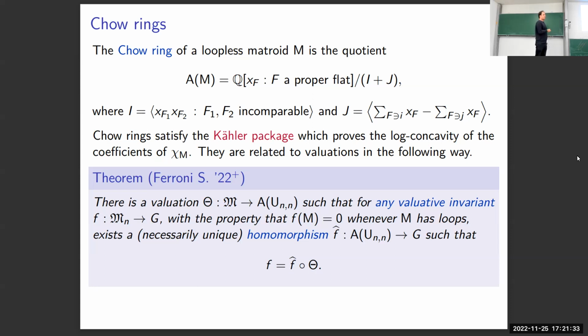And here it's the Bergman fan, and then yes, everything works as you're used to. So this map is defined by the product, because this is a ring, you have a product, and the product is just the matroid intersection, or if you prefer, the tropical intersection, the stable tropical intersection of the Bergman fans.